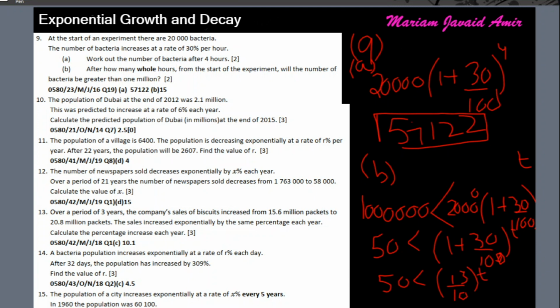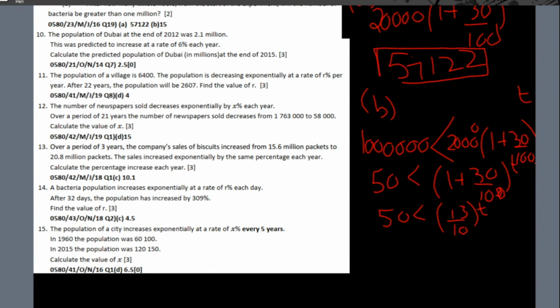So now what should be the value of t such that the answer at the right hand side should be greater than 50? So we'll try a few values and we'll notice that when time equals 14, this expression, 13 over 10 power 14, is 39.37.